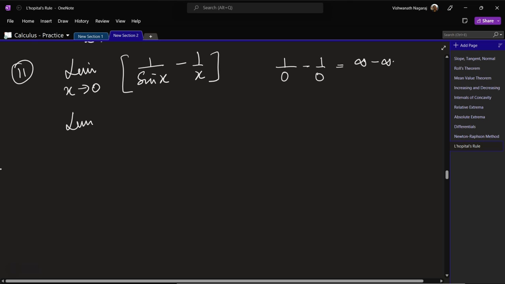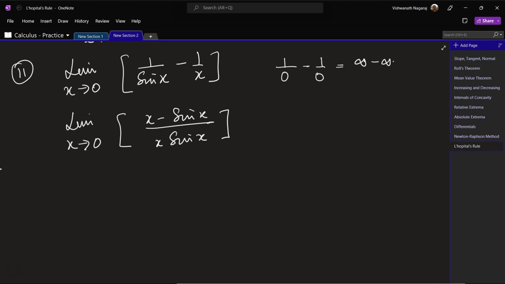So let's manipulate this expression. So x minus sine x by x sine x. This is what we get. And now if we do the substitution, what happens? 0 minus 0, that is 0. And in the denominator also we have 0. So this becomes 0 by 0. Okay.